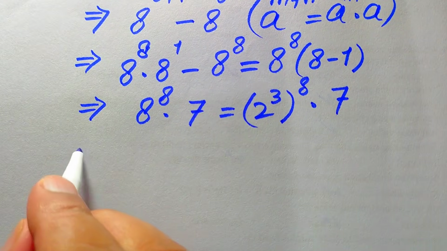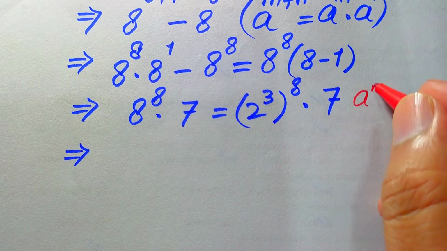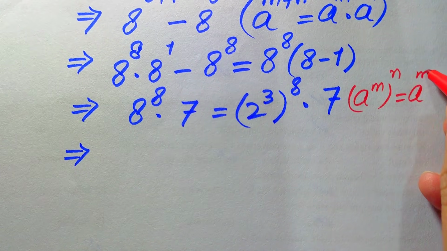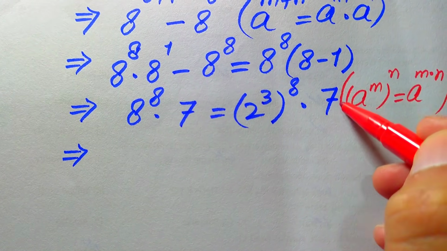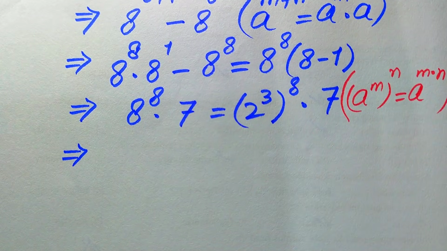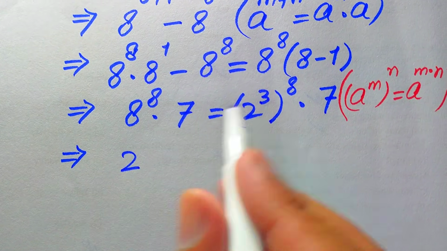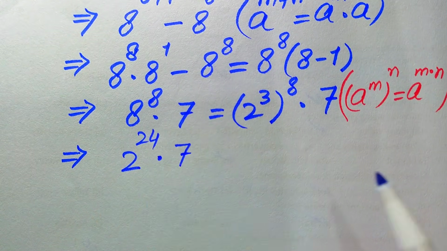Now we use another exponent rule: if you have a to the power of m, to the power of n, it equals a to the power of m times n. According to this rule, we multiply both exponents, and this is written as 2 to the power of 3 times 8, which becomes 24, times 7.